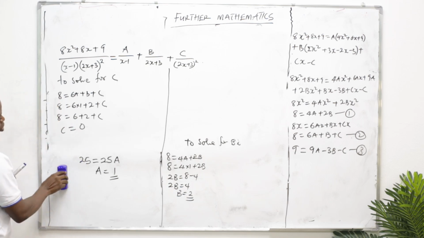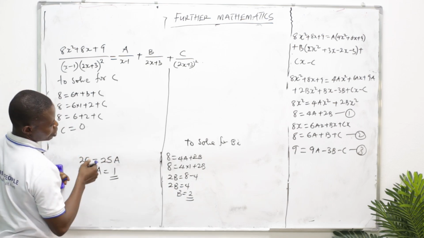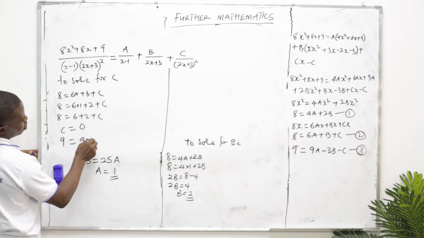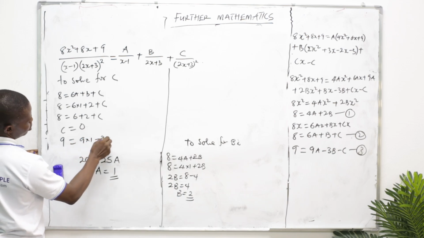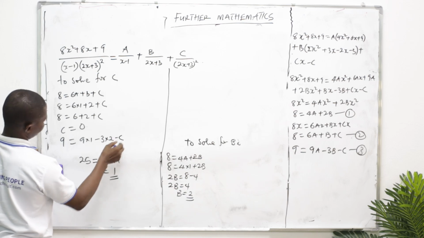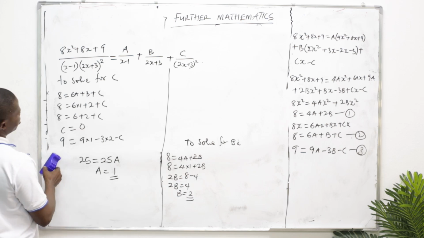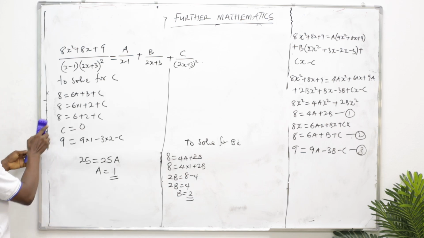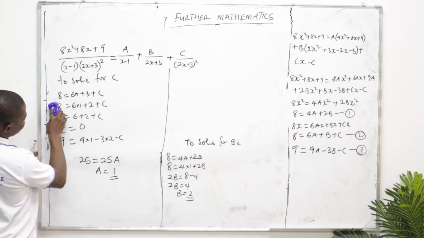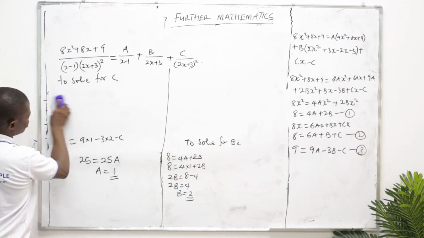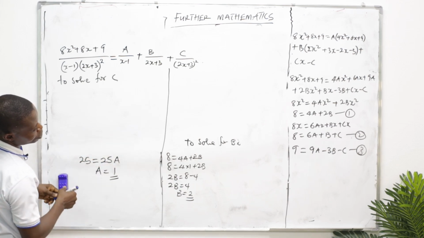Or we can use equation 3. 9 equals 9 times 1 minus 3 times 2 minus c. C cannot be 0. Let's use equation 3.